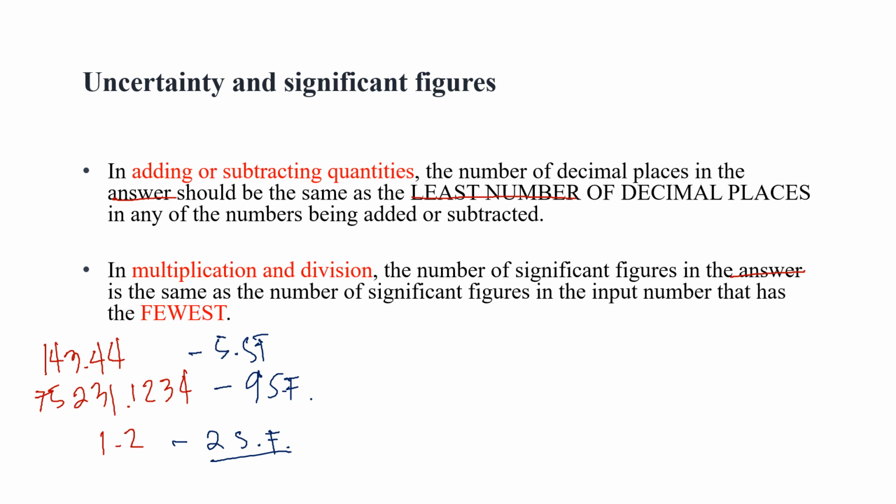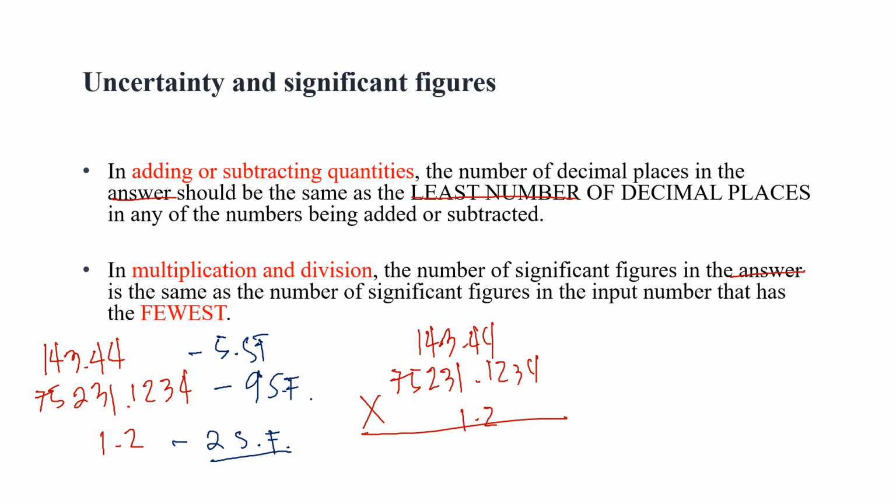Okay, so let us multiply these three numbers. So we have 143.44 times 75,231.1234 times 1.2. Let's input this in our calculators.